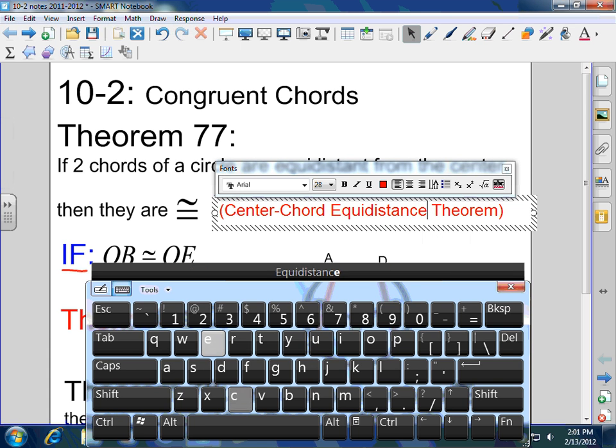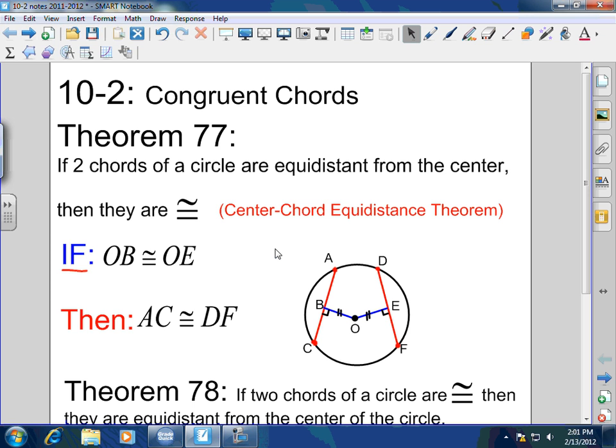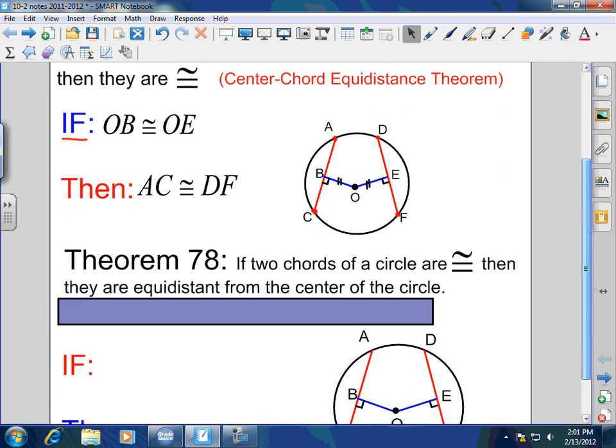Equidistance theorem. Okay. So again, if the distances from the center to the chords are congruent, then the chords are congruent. All right? Next theorem.